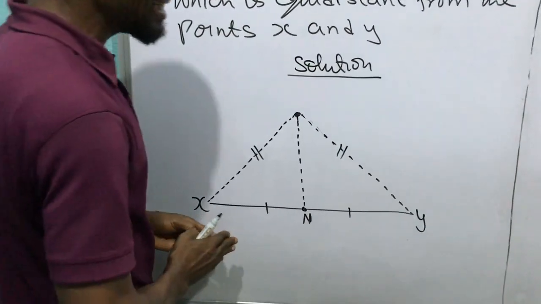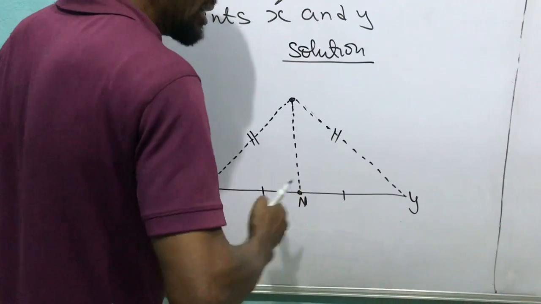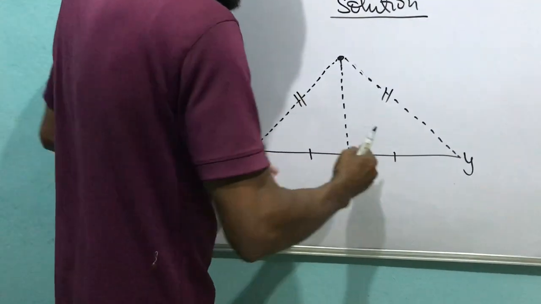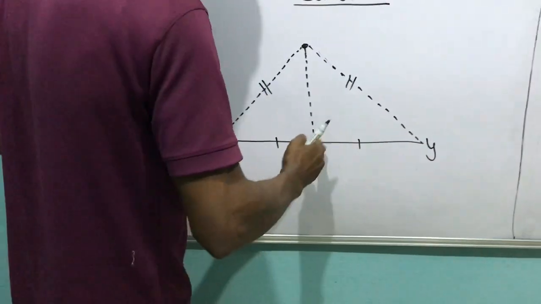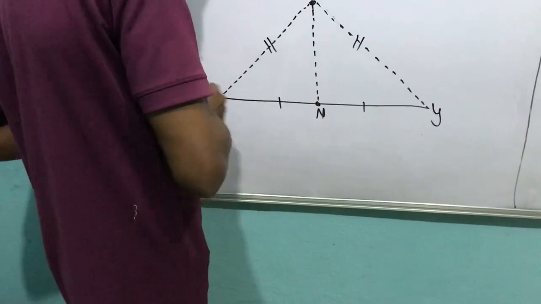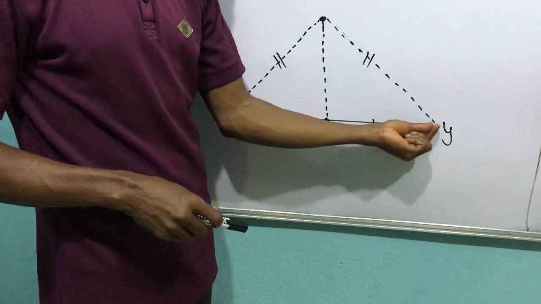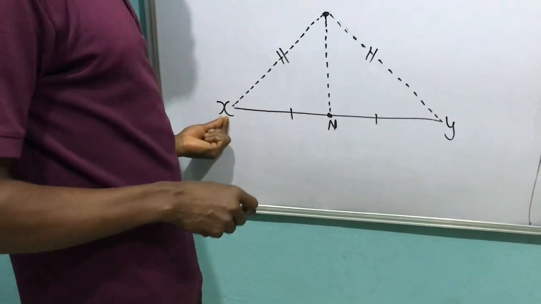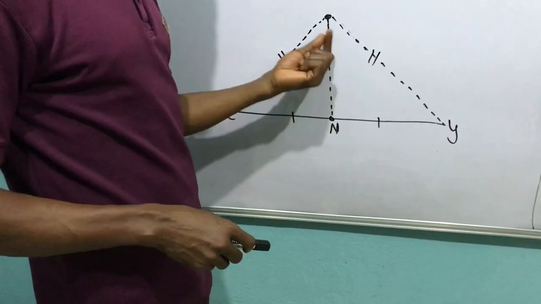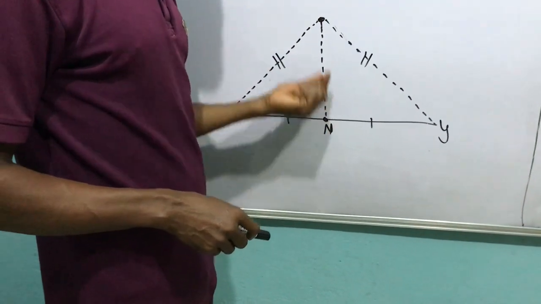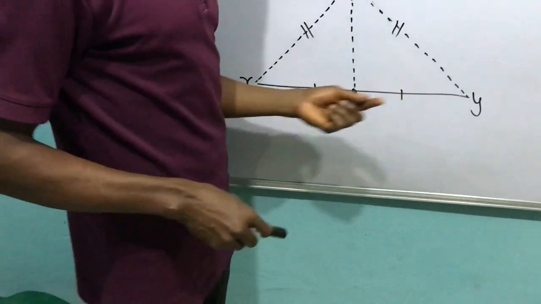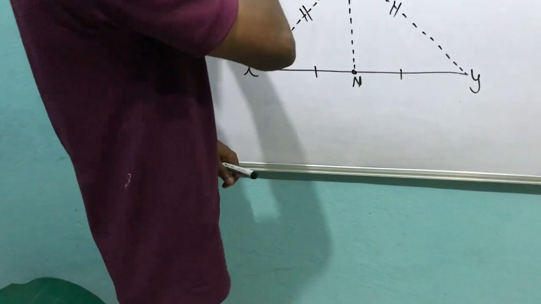And that's what it means, equidistance. That means N is equidistant from Y and also equidistant from X. Then we now say that the line N, which is the bisector of these two lines, are equidistant.